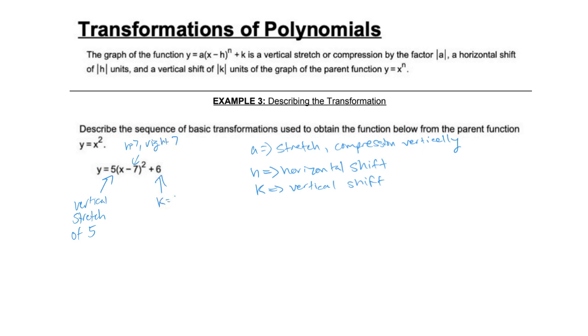And then our K is 6, therefore we go up 6. So right 7, up 6, vertical stretch with a factor of 5. So that's just describing the transformation, and then the next example is just matching a transformation to its graph.